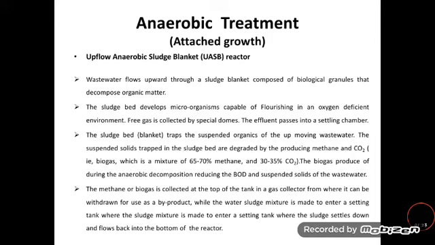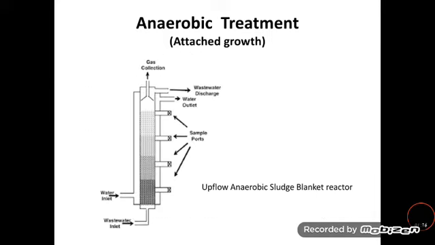By means of decomposition, biogas is produced as a byproduct, and it is collected at the top of the UASB reactor. This is the schematic diagram of the UASB reactor, and you can see the inlet at the bottom.